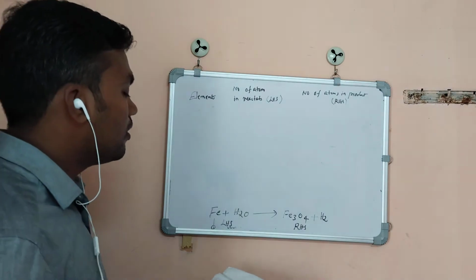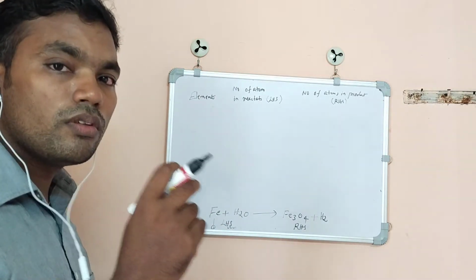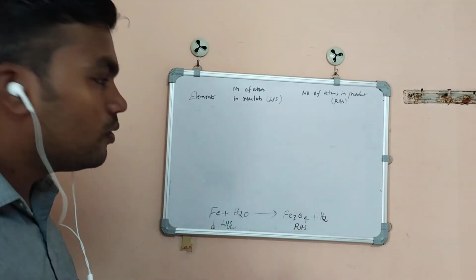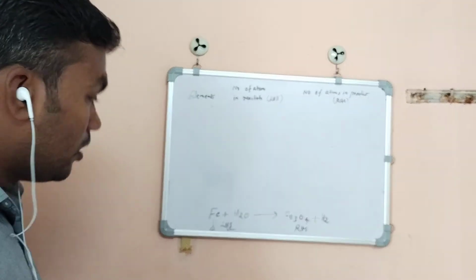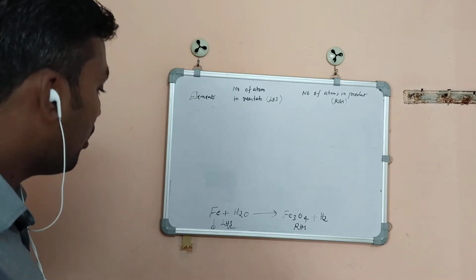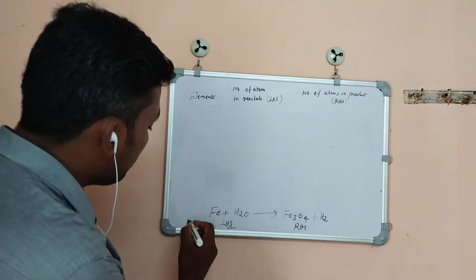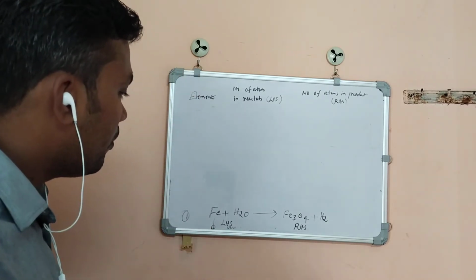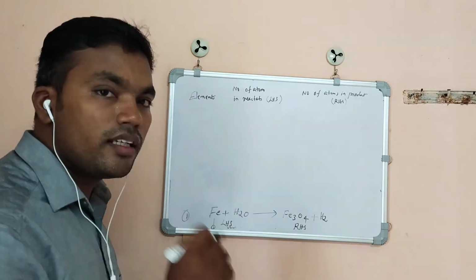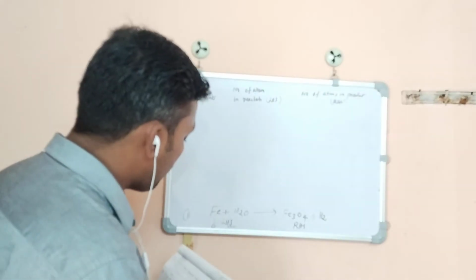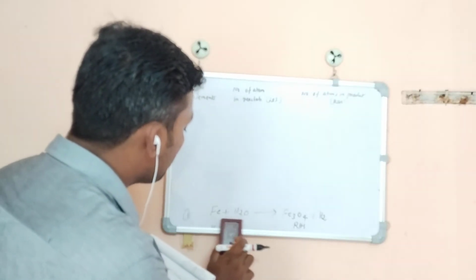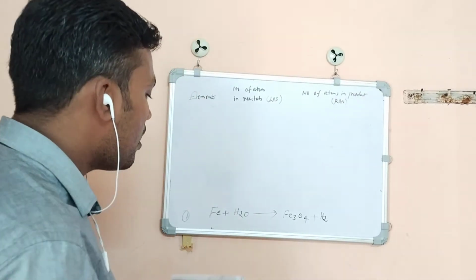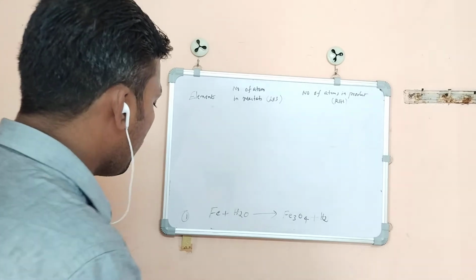In this reaction, when you are trying to solve the chemical equation, you need to follow 6 steps to balance chemical equations. Okay, now the first step, after writing the chemical equation, is to draw a box around each formula.